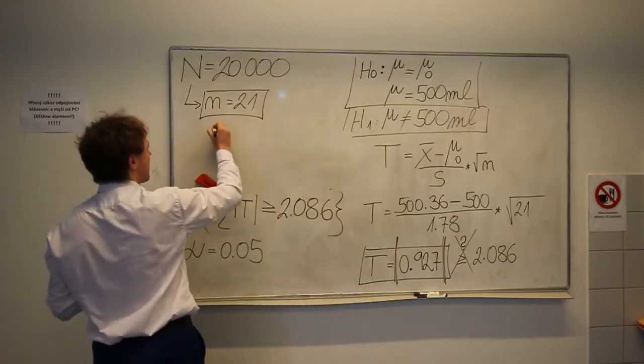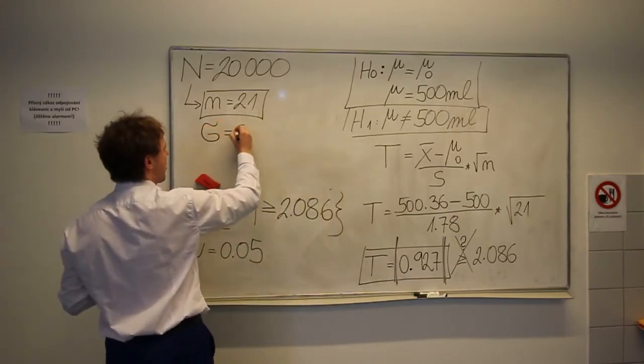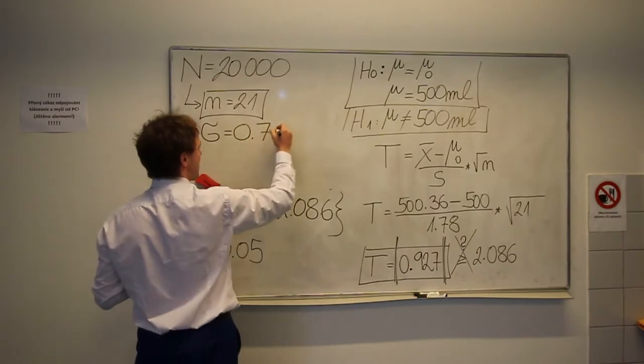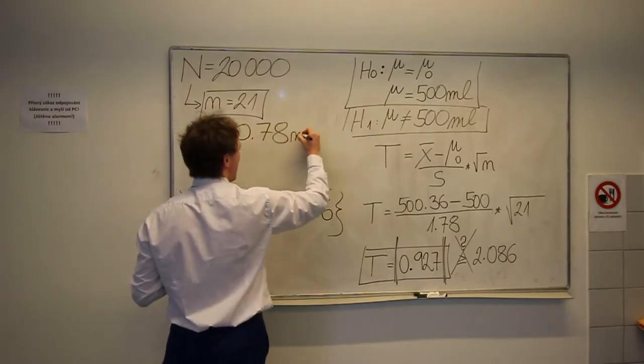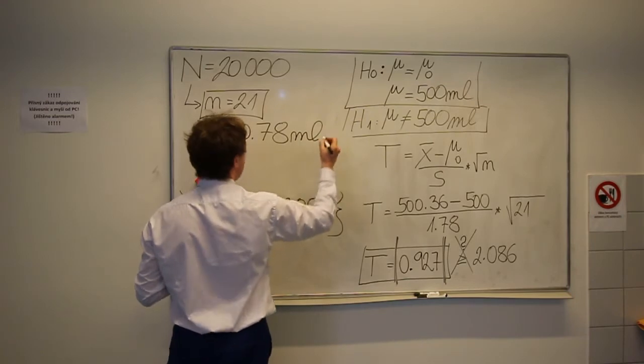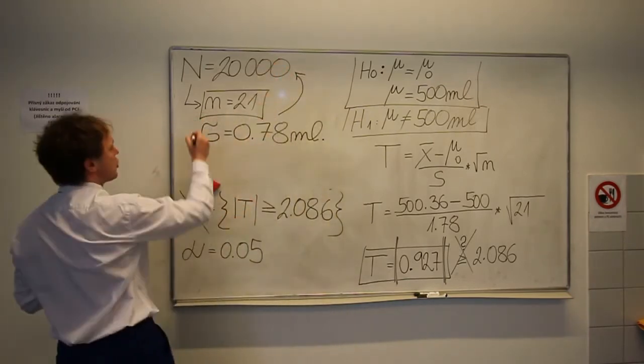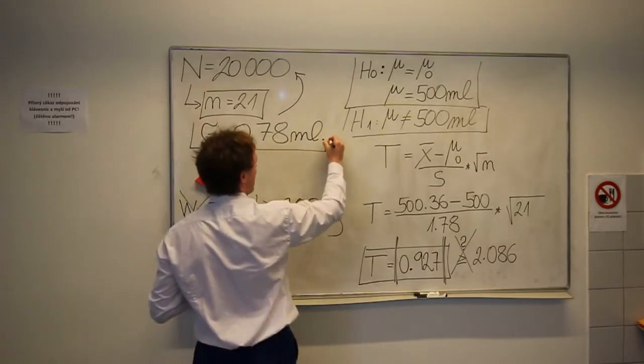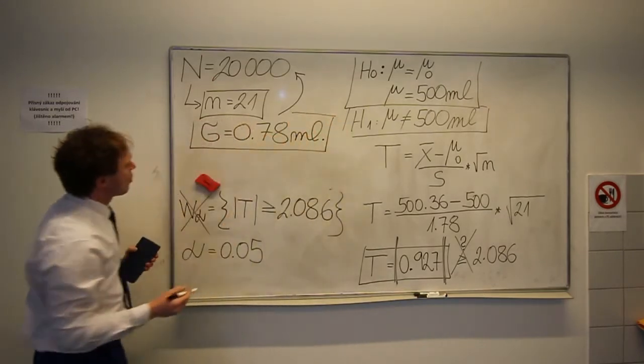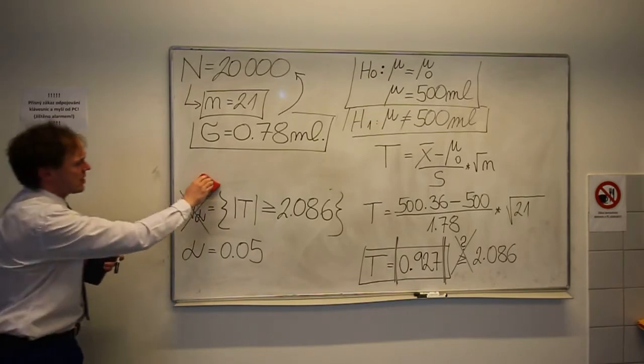So the sigma, which is equal to 0.78 milliliters of beer, is connected with the population of beer bottles. So this is not a sample statistic.